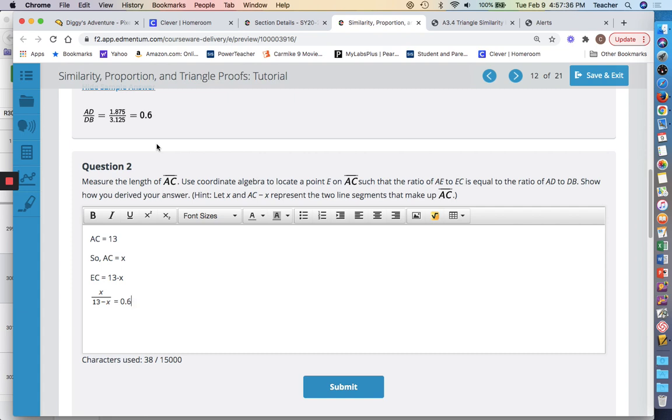Well, if 0.6 over 1 was a proportion, I would cross multiply. So I think that's what I'm gonna have to do.